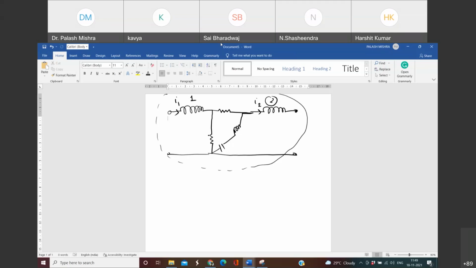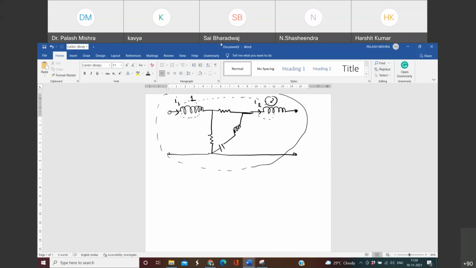See, suppose the current I1 is flowing in this coil. So this I1 will generate some amount of flux in it. And the flux which is generated by I1, because these two are mutually coupled, some flux will link here also. Yes or no? Yes, sir. Right?